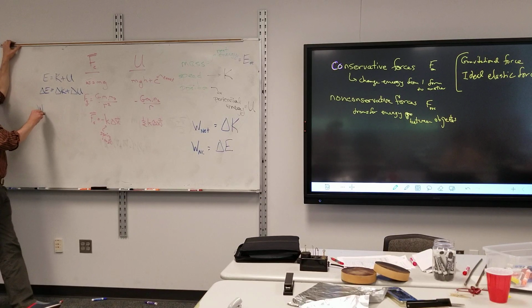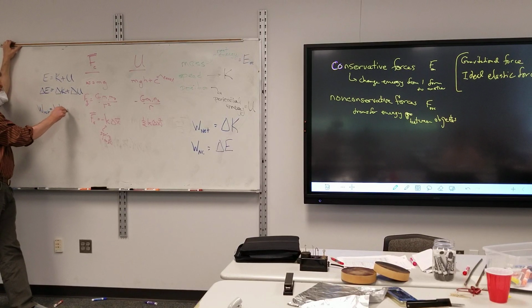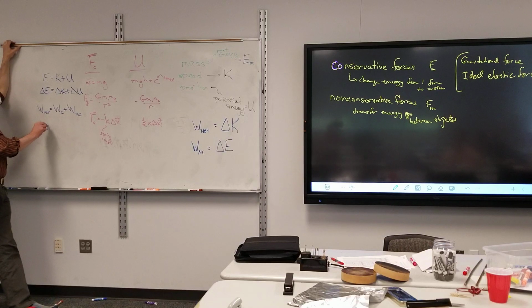The net work, which is the work done by the total force, is equal to the conservative work plus the non-conservative work. That's all the way choices are there. So therefore, my non-conservative work, oh, sorry, wrong one, I wanted conservative.